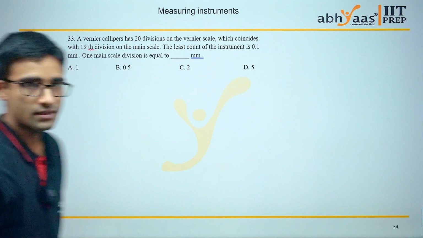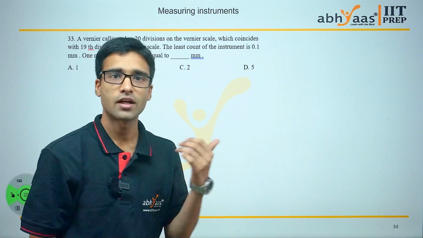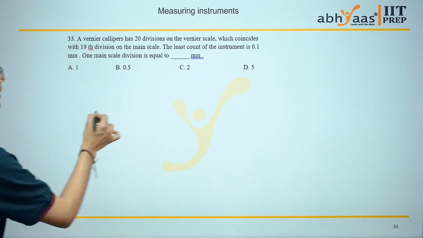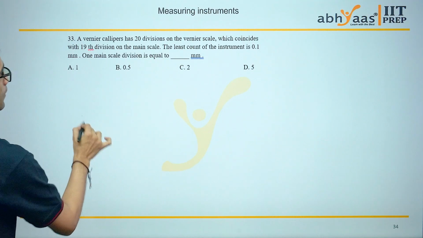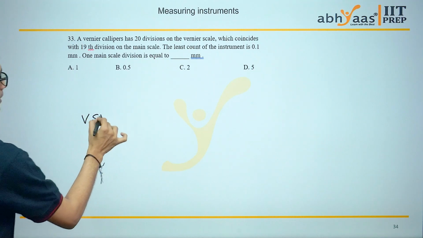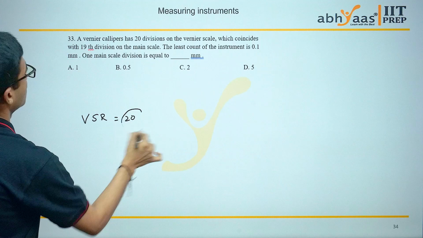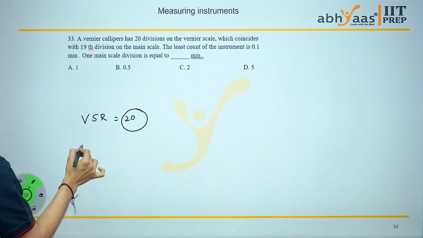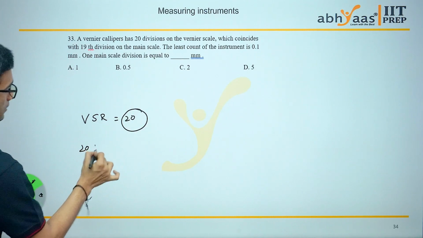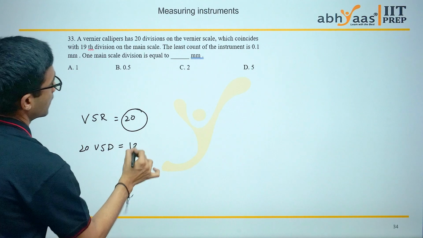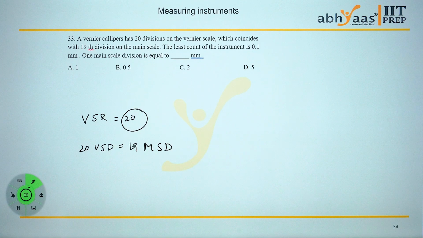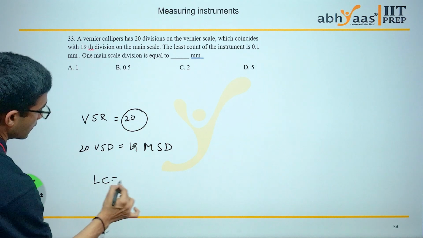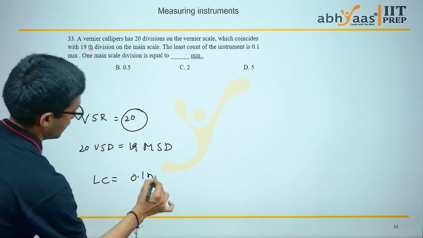One more question is related to vernier calipers. Again you have vernier calipers, vernier scale reading is 20 divisions which coincide with the main scale, so that means 20 VSD is equal to 19 MSD. Again the least count is given, 0.1 mm.